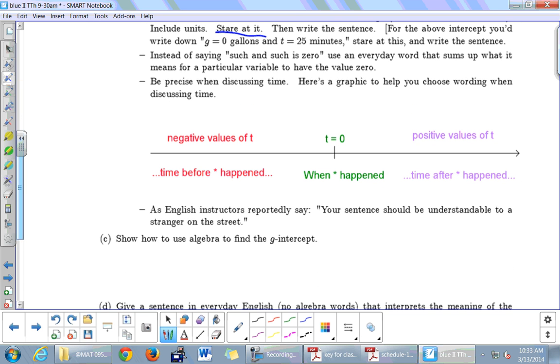In this example, when the tank started leaking, that's when we start the clock at t equals 0. And anything that happens at positive values of t, it's time after the tank started leaking. Right? So wherever you are, you got to get one of these words in here. It's either after something happened, before something happened, that's okay, or when something happened. That's at a particular moment in time.